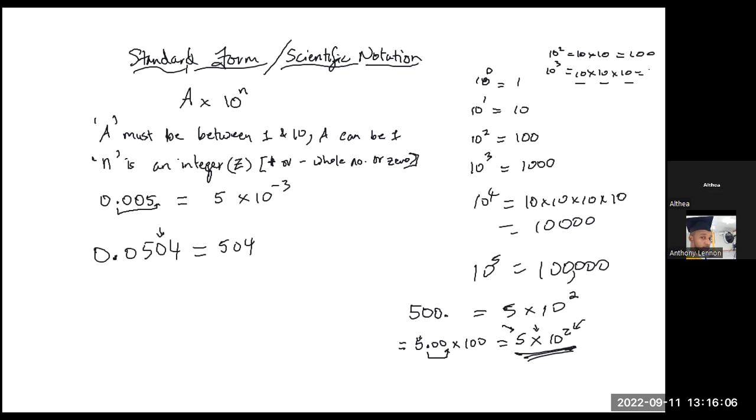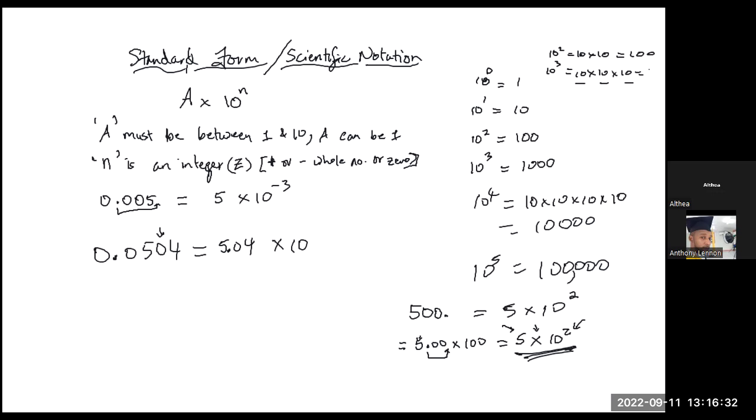But where would the point go? Remember, the first part has to be between 1 and 10. Think of money. Where would you put the point? Between the 5 and the 0. Excellent. So it's like $5.04. So it's between 1 and 10, right? Times the power of 10. What power of 10 would that be?